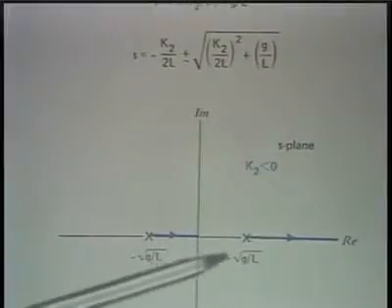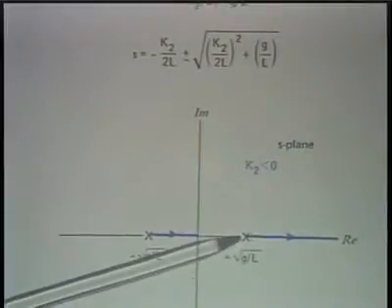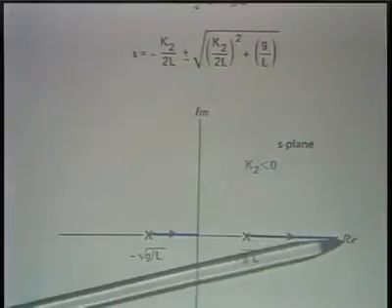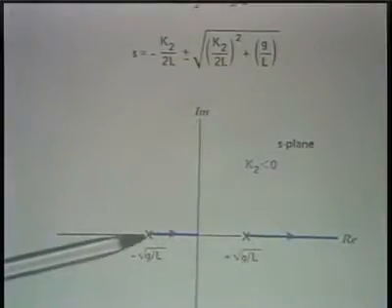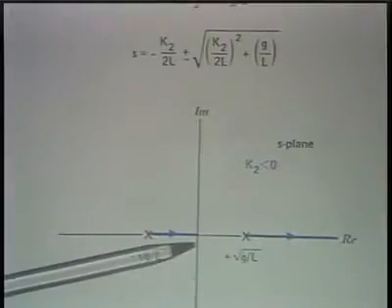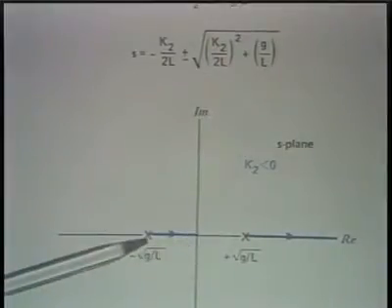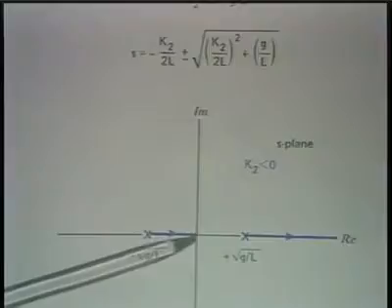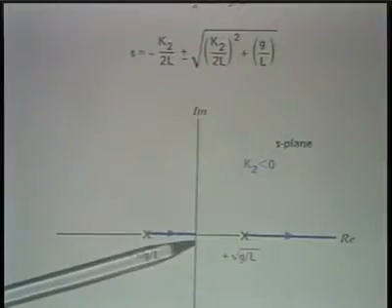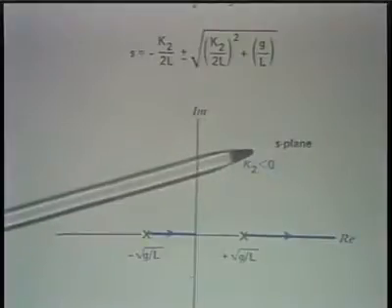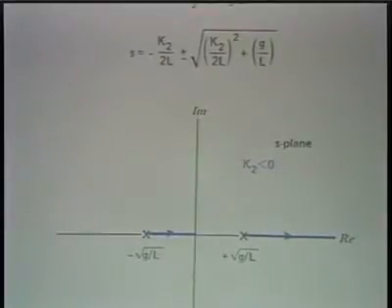Notice then that this right half plane pole is becoming more unstable, and the left half plane pole likewise is becoming more unstable. And this point, by the way, corresponds to where the root locus ends up when K2 eventually becomes infinite. So clearly, K2 negative is not going to stabilize the system.